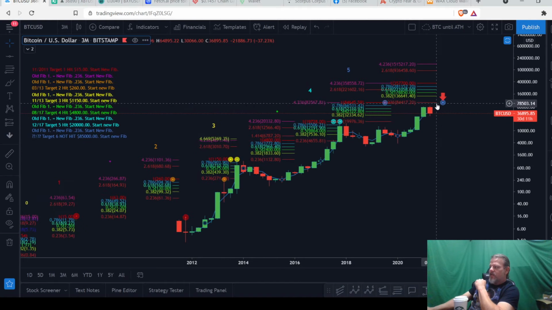Then when we hit this one, which would be the 1 or the new 236, we would fall back to the 618, which is not its own 618, because that would only bring us down to about 53,000. It's the previous 618, $12,200. So that's kind of what I'm looking at to play out.